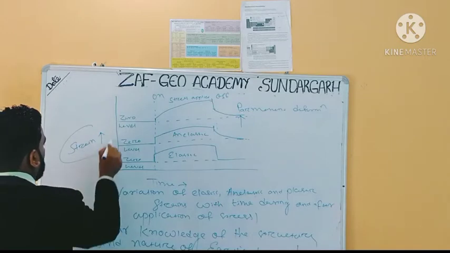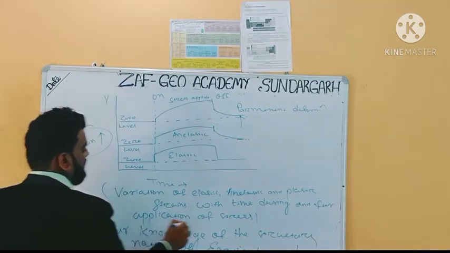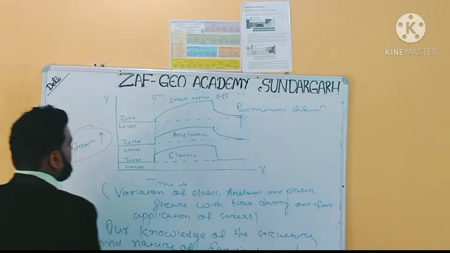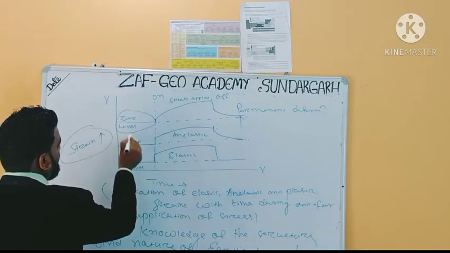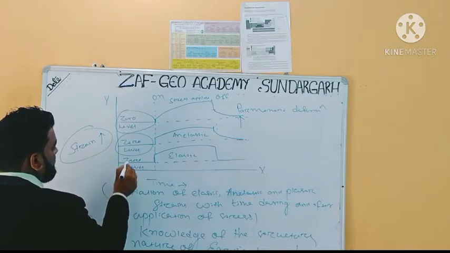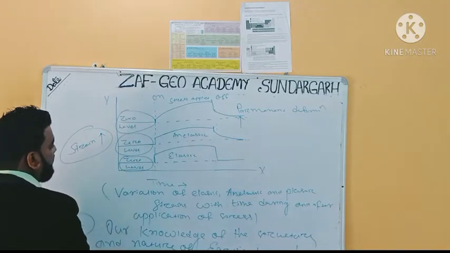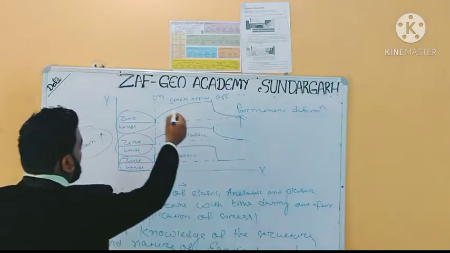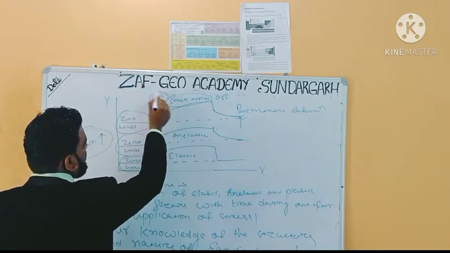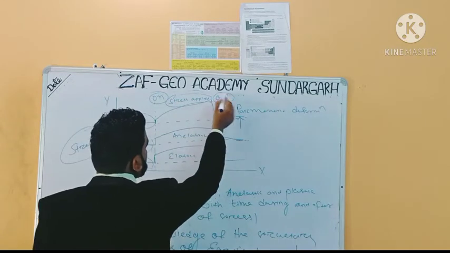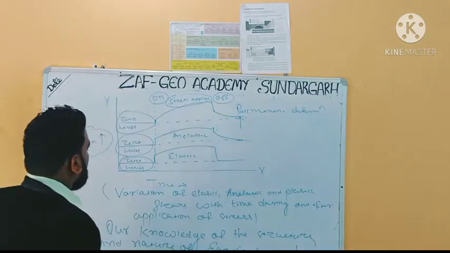This is the y-axis, strain, and this is the x-axis, time. So this is the zero level from here to here, meaning no stress is applied at this point. Now this is the applied stress, and on the left corner this is stress on, and in the right corner this is stress off.